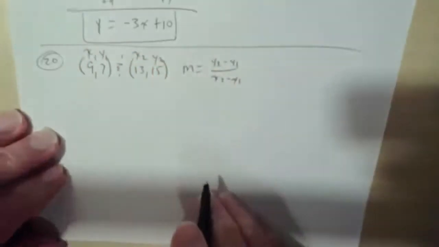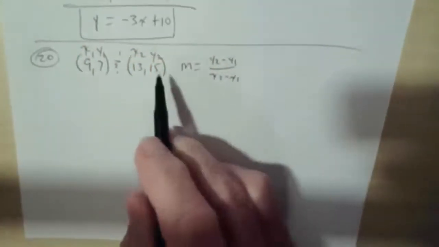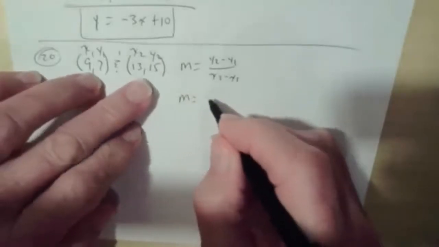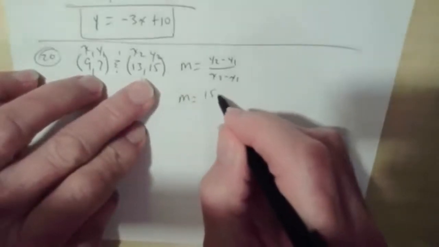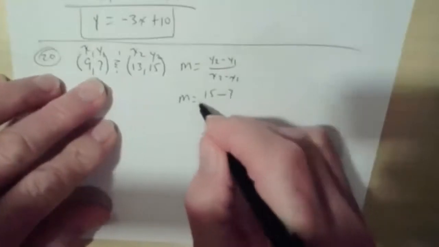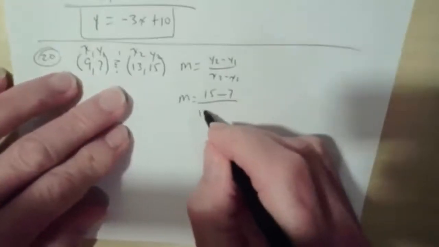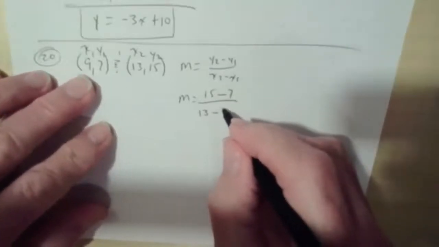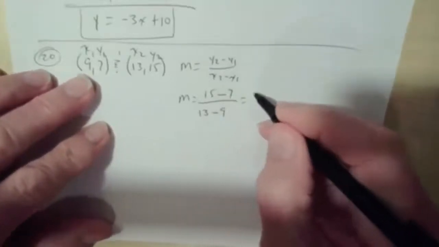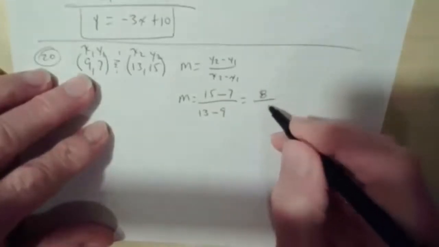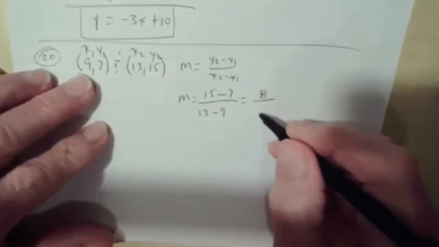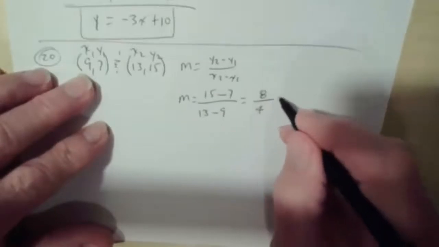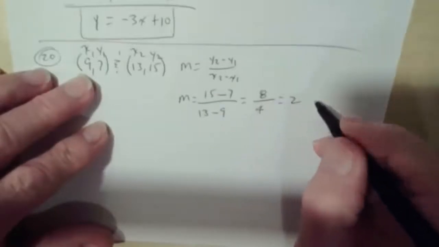So our slope is, y2 is 15 minus 7 over x2 is 13 minus 9. And that is 8 over 4, which is 2. So our slope is 2.